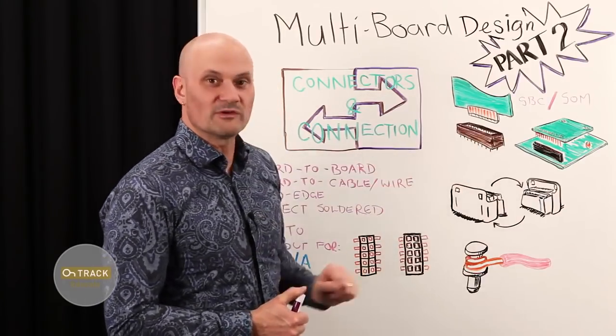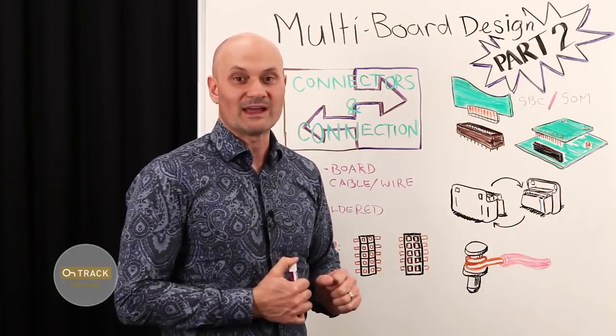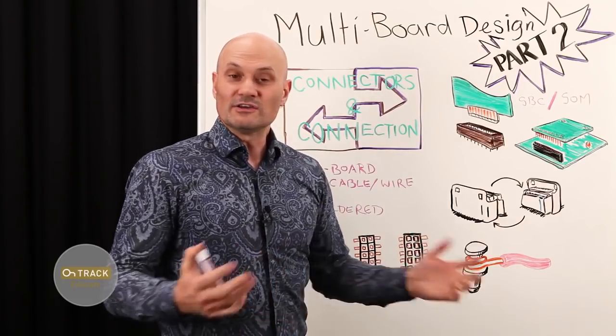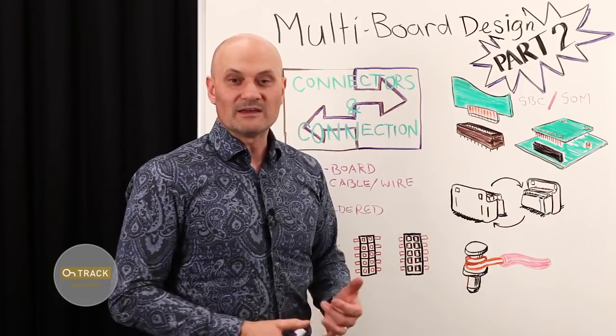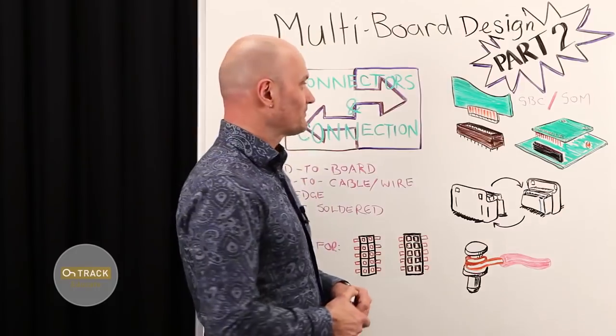So I want to walk through a few of these and what are some of the attributes that you really need to pay attention to so that you can avoid DFM and DFA problems in your final assembly.